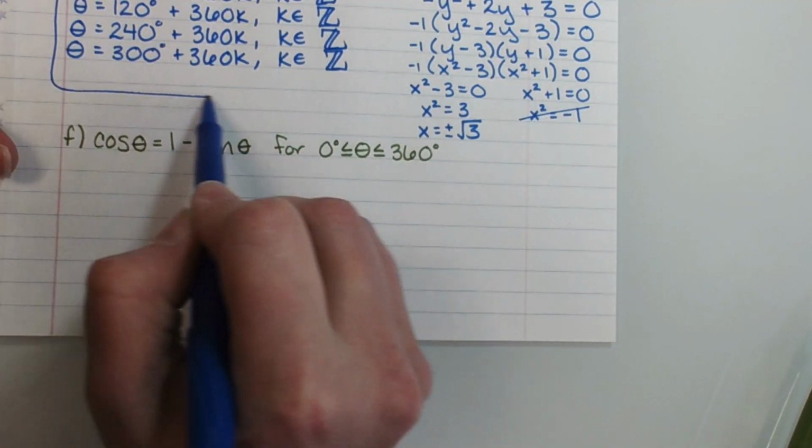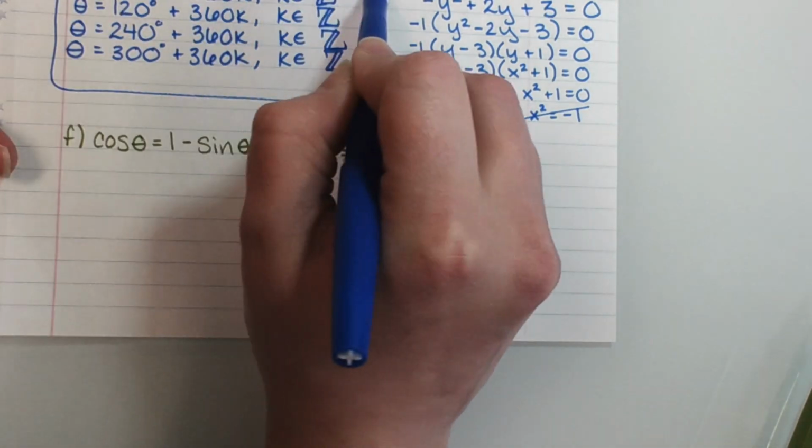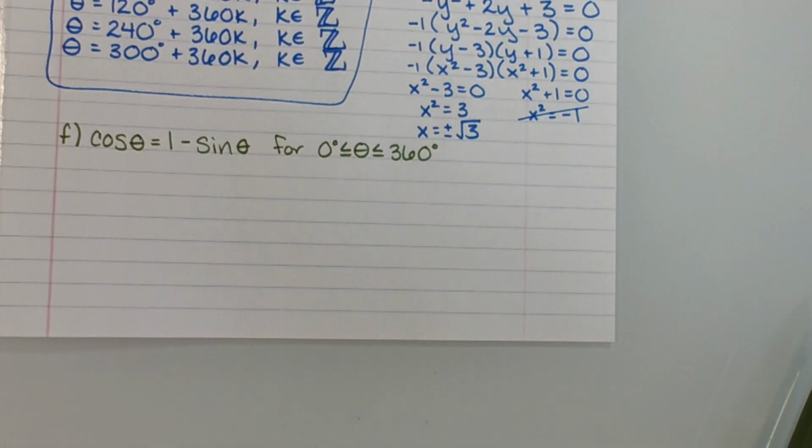Actually, it's got two things in it that I haven't talked about yet. Cosine of theta is equal to 1 minus sine of theta.